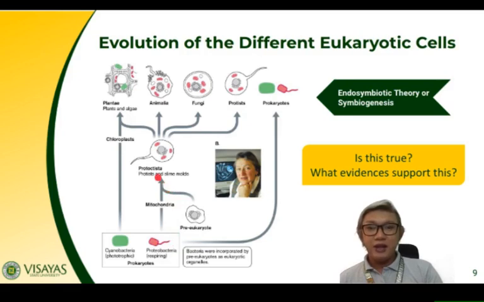So it later became a symbiont of this pre-eukaryotic cell and later on evolved and became the mitochondrion. These pre-eukaryotic cells that already contained a mitochondrion are now called protoctista. Okay? Now, these protoctista later on gave rise to the protist cells.